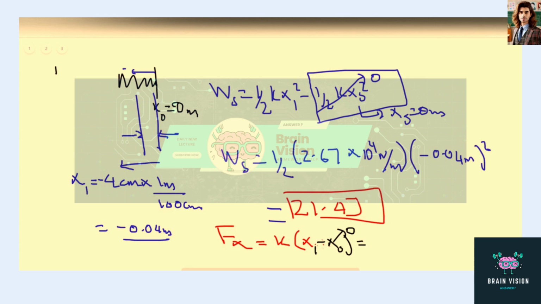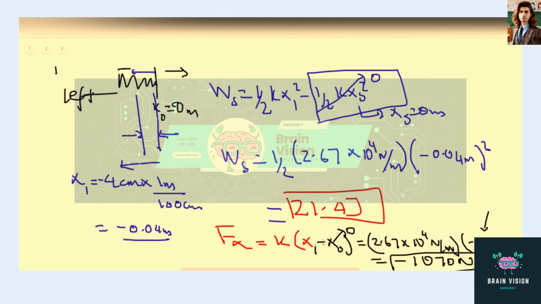So we plug in the numbers: 2.67 times 10 to the 4 newtons per meter times x1, which happens to be negative 0.04 meters. That gives us a final answer of negative 1070 newtons. Remember, it's negative because we're moving in the left direction. So the left is negative and the right is positive.